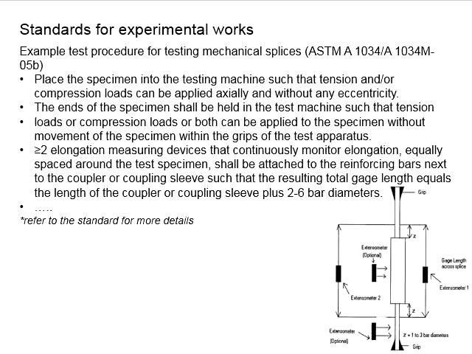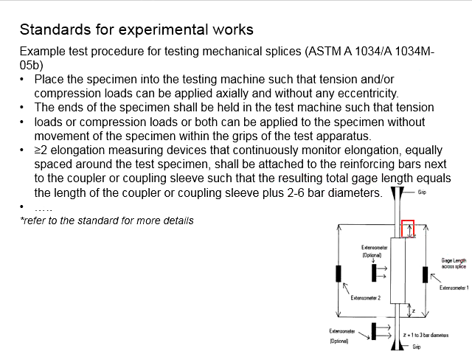And this measuring device needs to be attached to the reinforcement bar next to the coupler, such that the resulting total gauge length equals the length of the coupler, which is this length, plus 2 to 6 bar diameters.